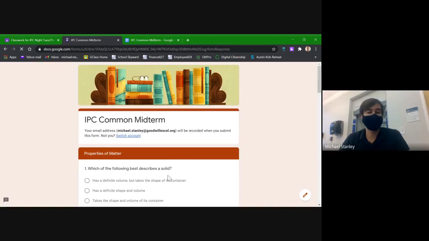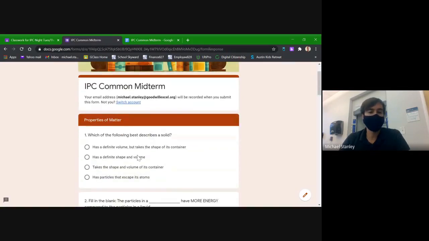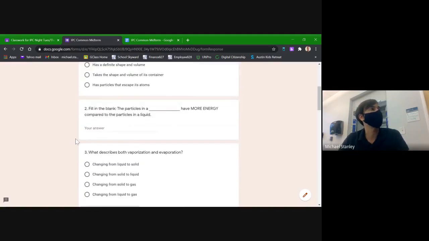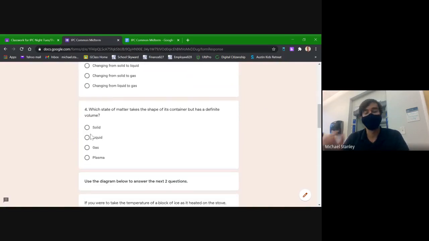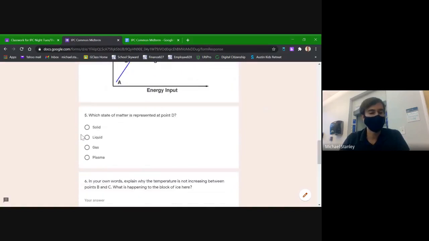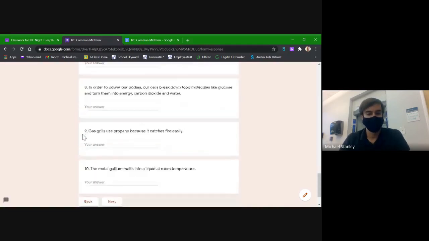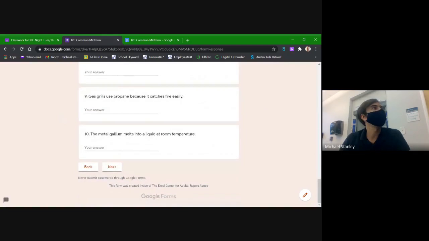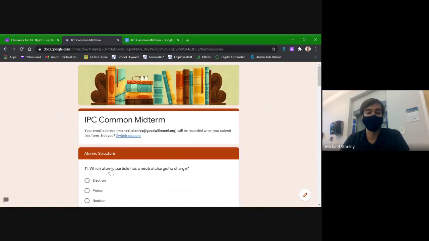But then when you hit next, it'll be the next section that has all these different questions. Again, they're the exact same questions as the other version, just in the next section. So you go through, answer all of those, and then once you answer them all, you'll hit next to go on to the next section.